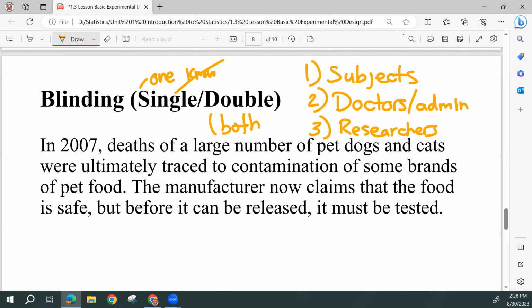Similarly, in some cases, the person administering the treatment could potentially act differently around the person they're giving the treatment to, knowing if they're getting the real treatment or if they're getting the control. And so in order to control that sort of human nature element, we will blind our studies.